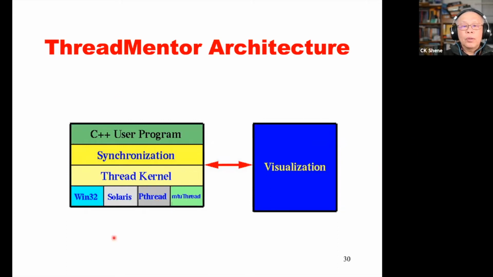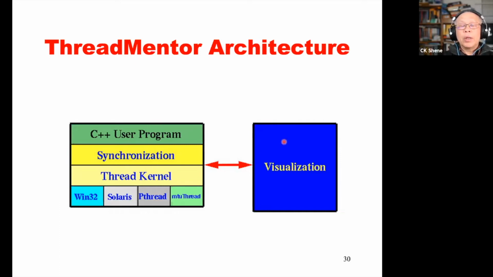So this is your program. You only write this part. The synchronization and thread kernels are part of the ThreadMentor class library. pthread is available under every Linux and Unix system. So this is your part.